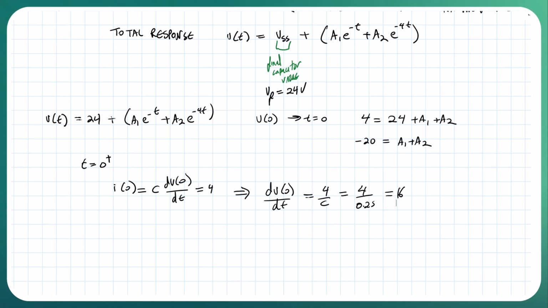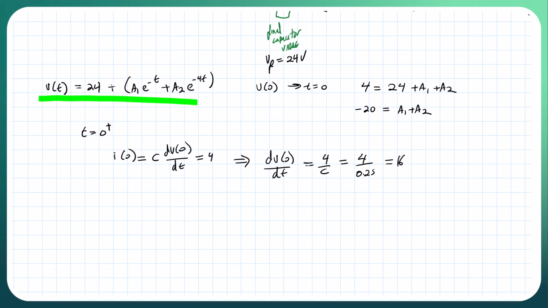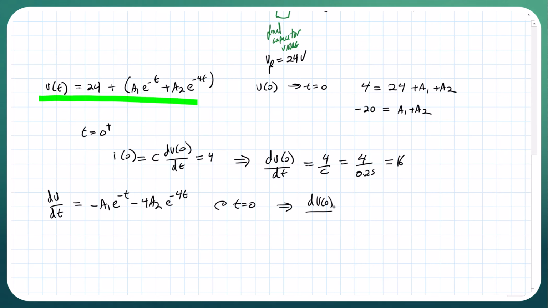Okay, now we got 16 here, and we can use this condition and now take the derivative of V. So we take the derivative of this guy, and we get dV/dt is equal to minus A1 e to the minus t minus 4 A2 e to the minus 4t, and then at t equals 0 we get dV(0)/dt, which we said was 16, so 16 equals minus A1 minus 4 A2.